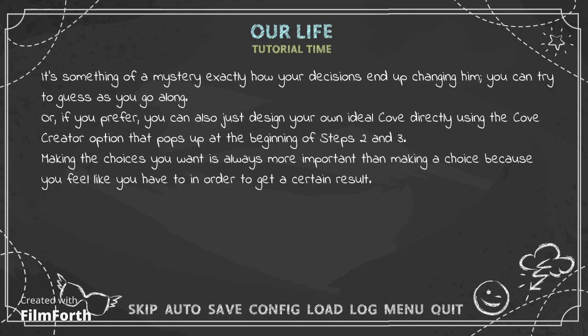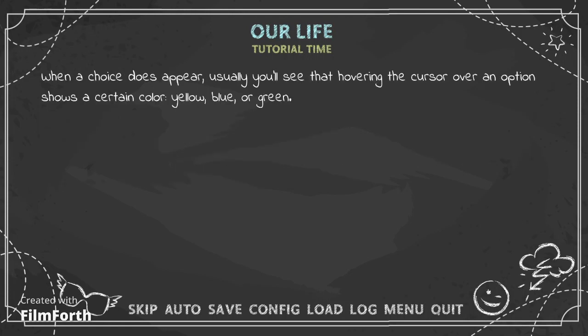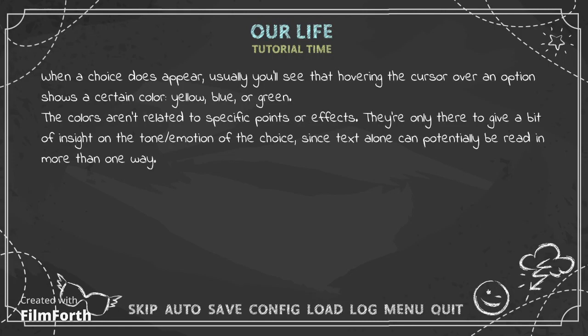Making choices you want is always more important than making a choice because you feel like you have to in order to get a certain result. When a choice does appear, usually you'll see that hovering the cursor over the option shows a certain color: yellow, blue, green.